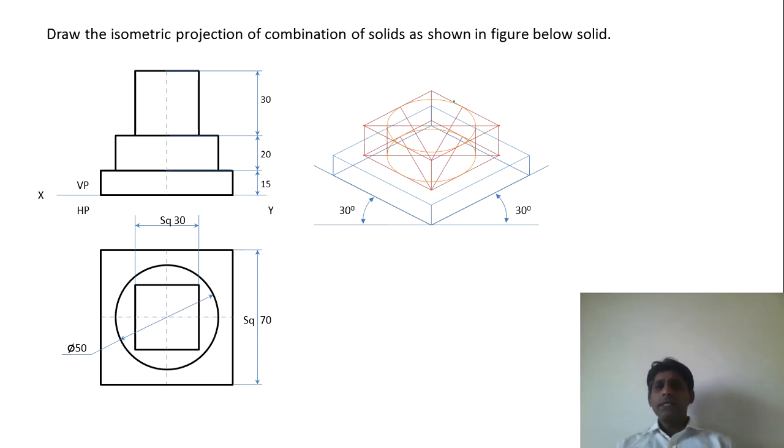Next, on top of this surface we have to draw this square. Again we have to imagine that this is enclosed in a box. This is a box itself.